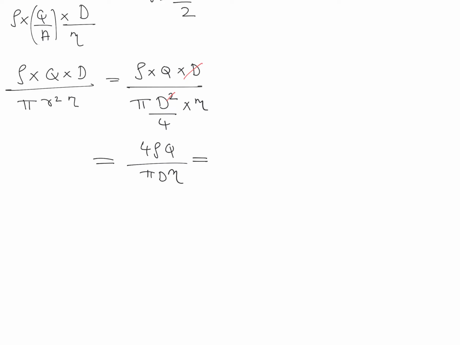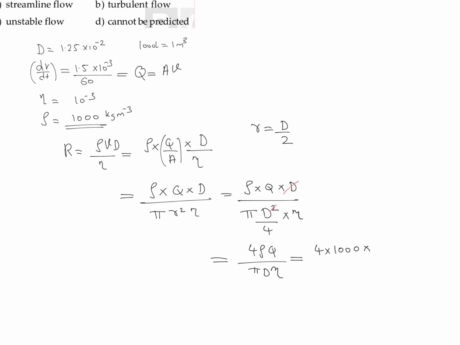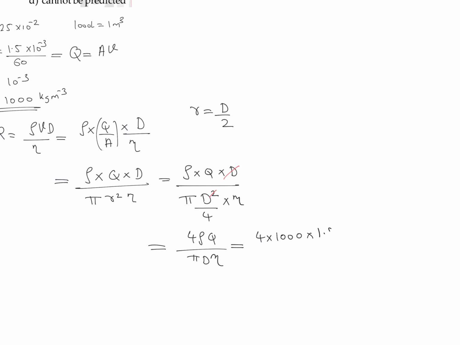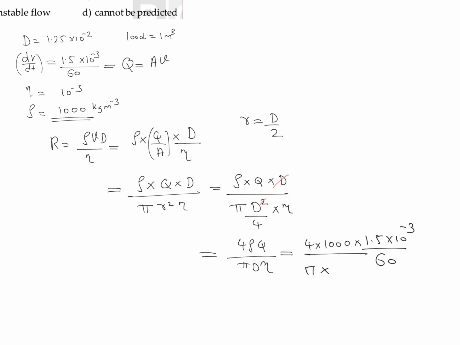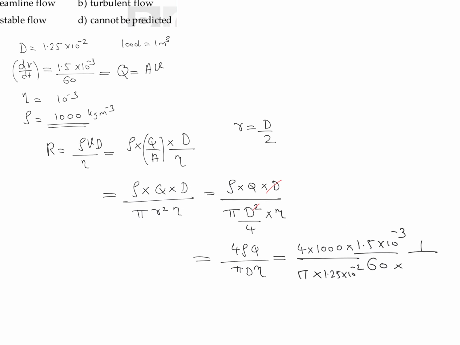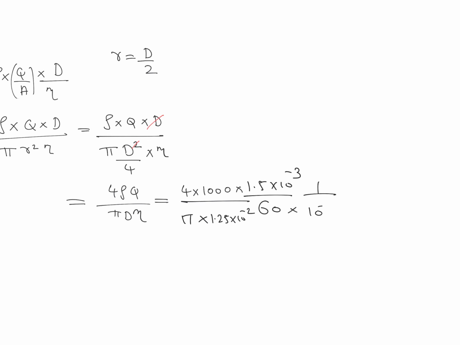Now we can just substitute the value over here, that is 4 into density, which is 1000, and the volume flow rate is given as 1.5 into 10 raised to minus 3 divided by 60, the whole divided by pi into diameter, which is given as 1.25 into 10 raised to minus 2, into the value of coefficient of viscosity, which is 10 raised to minus 3.